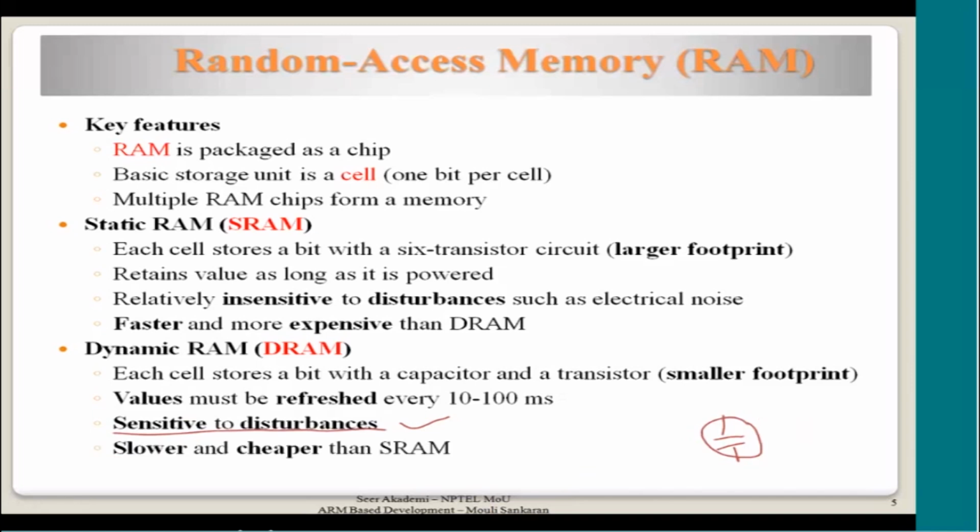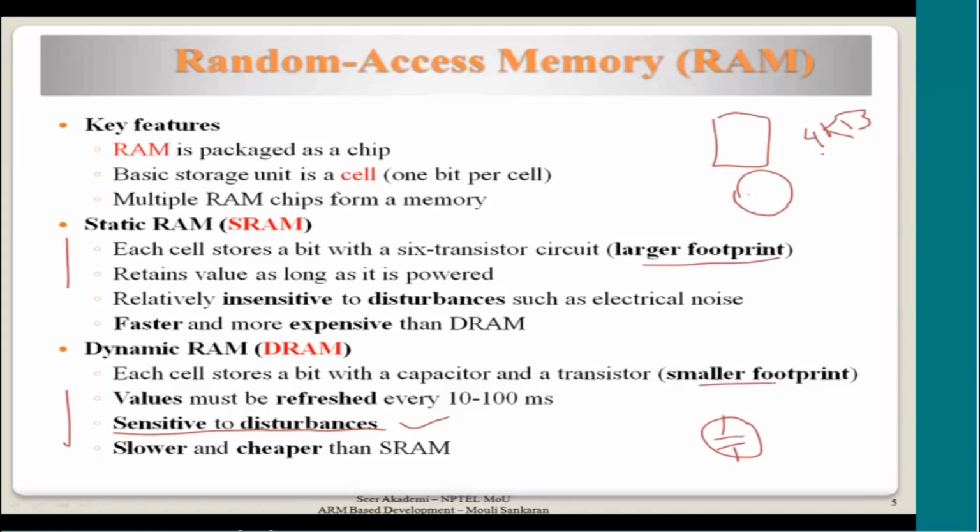Comparing SRAM and DRAM, what you need to remember is, for a given size of memory, maybe a standard size of 4 KB, the footprint, the area taken to etch this SRAM, is larger compared to DRAM.